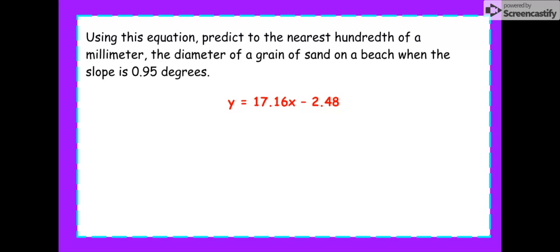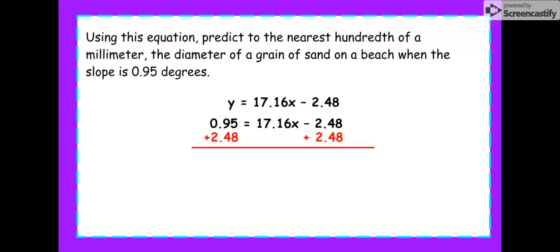Now underneath it, rewrite the equation, plug 0.95 in for y, and solve for x. To get rid of the negative 2.48, we add 2.48 to both sides, cross it off, and bring down your 17.16x and your equal sign. Now in your calculator, add the two numbers together, 0.95 and 2.48, and you should get 3.43.